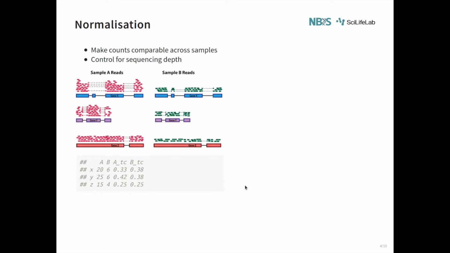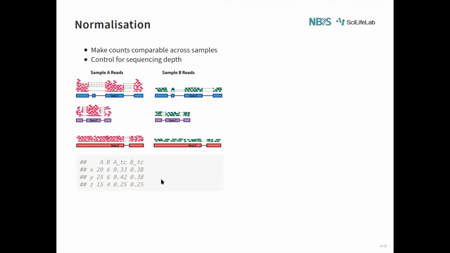You always have a few samples that are a bit more or a bit less. So you never get an identical number of reads across samples, and therefore you cannot directly compare the raw counts because the total number of reads sequenced is different. You need to control for this. This is called total count normalization.